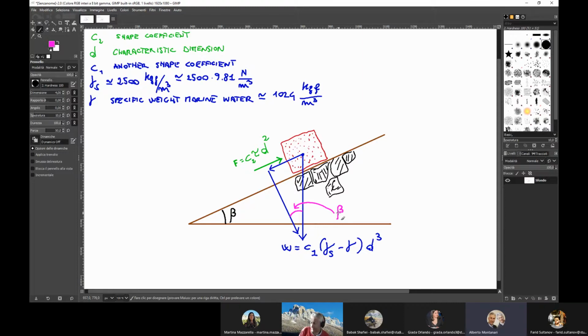If you make a very simple trigonometric assessment, this angle is beta, and you can understand it very easily if you think of bringing beta, so the slope of the side, close to zero.